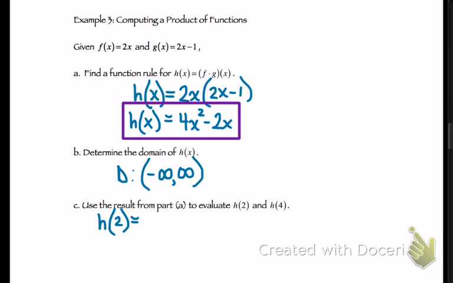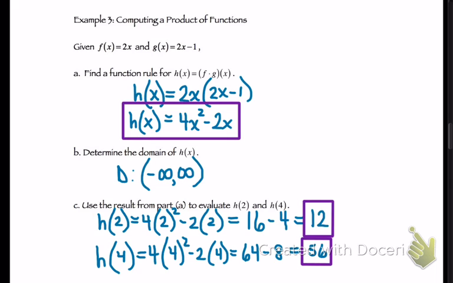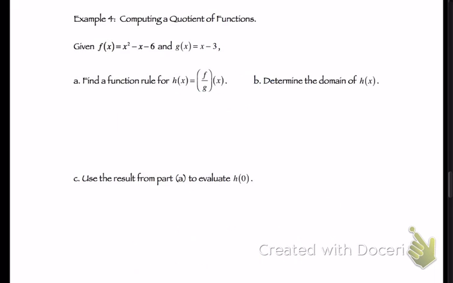Obviously h at 2, I'm just going to take my function rule and plug in a 2 wherever I see an x, and then simplify that from there. H at 4, same deal. I'm going to plug that in wherever I see an x. Simplify that from there. Ta-da, 56. Alright, you should be saying, alright, got it. Fantastic, multiplying, no big deal.